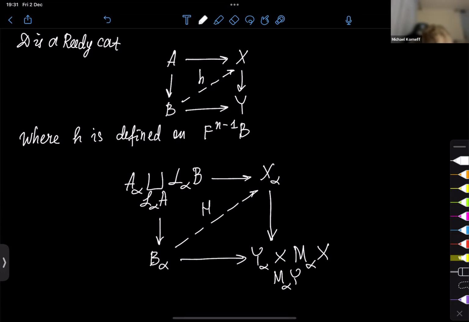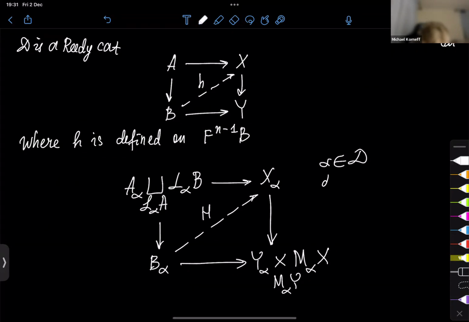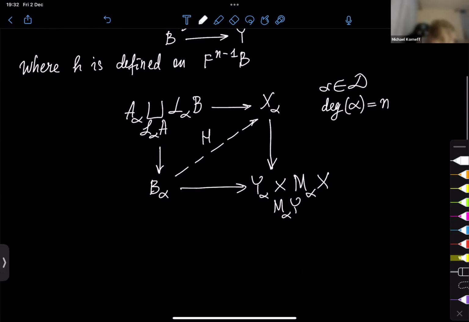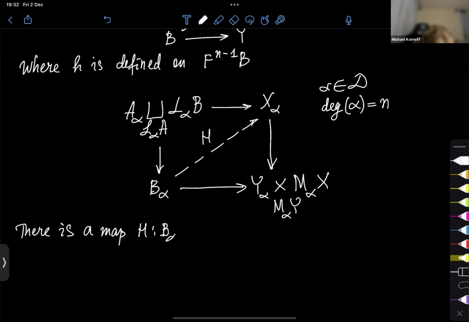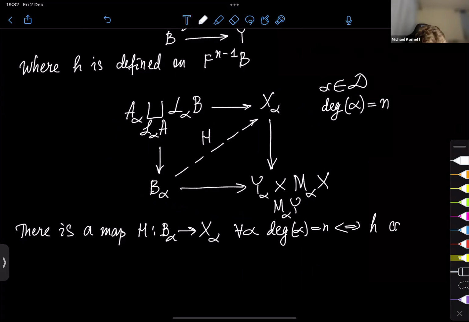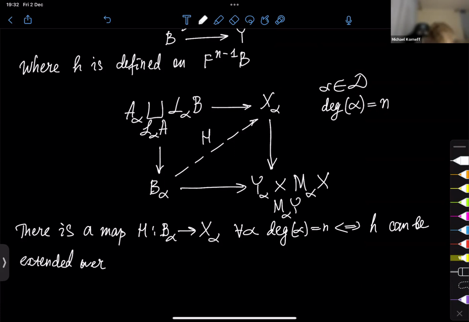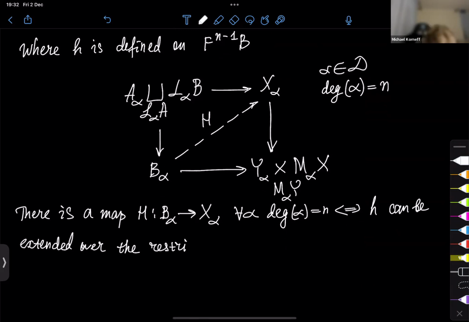Okay. Suppose that alpha is an object of D, and the degree of alpha is n, and then there is a map which is a solution of this problem if and only if H can be extended over the restriction of B to the n filtration.